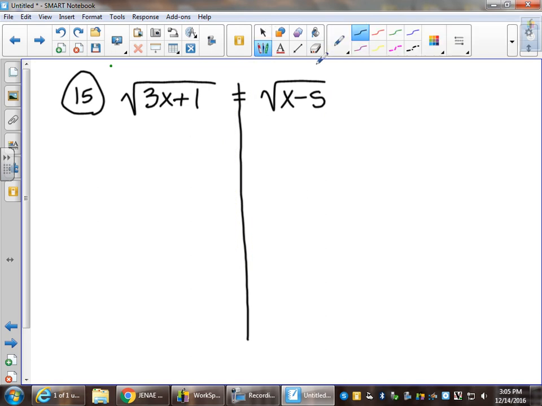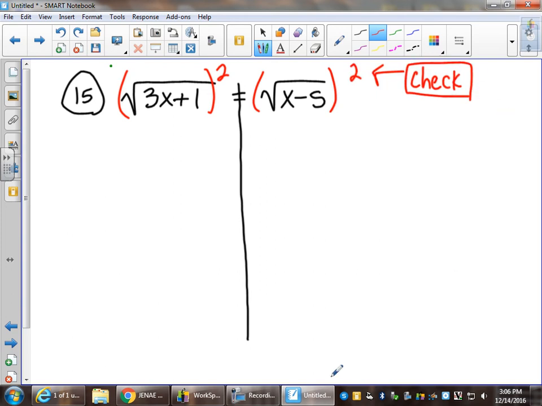I have a square root situation, so I can raise both sides to the 2nd power. As soon as I do that, I'm going to write myself a note. Check. So when we're done, we're going to have to come back and check our answers. So 3x plus 1 equals x minus 5. I will subtract x.